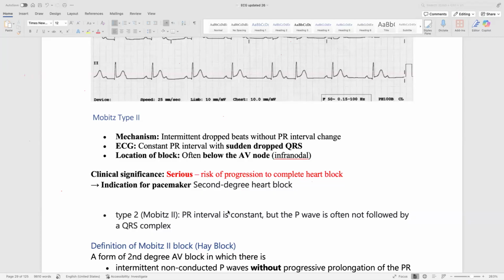If the PR interval is constantly normal, there is a dropped beat. What is the problem in Mobitz type 2? The dropped beat. The PR interval is normal, but there is one P wave that has no QRS.